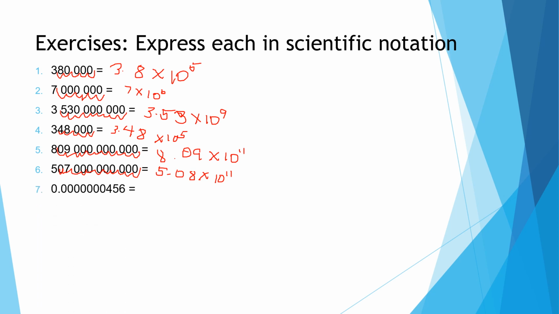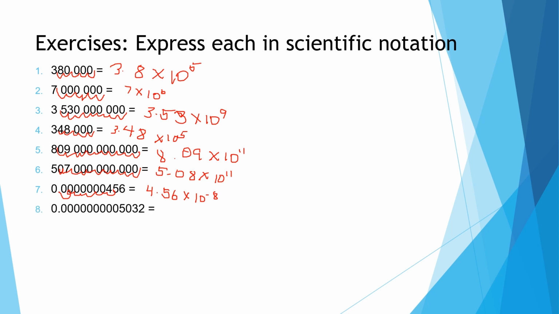Okay, next. So we have negative exponent, no? So from here, we have 1, 2, 3, 4, 5, 6, 7, 8. So 4.56 times 10 raised to negative 8. Okay, tama kaya? 1, 2, 3, 4, 5, 6, 7, 8. Alright, tama, no? So negative 8.